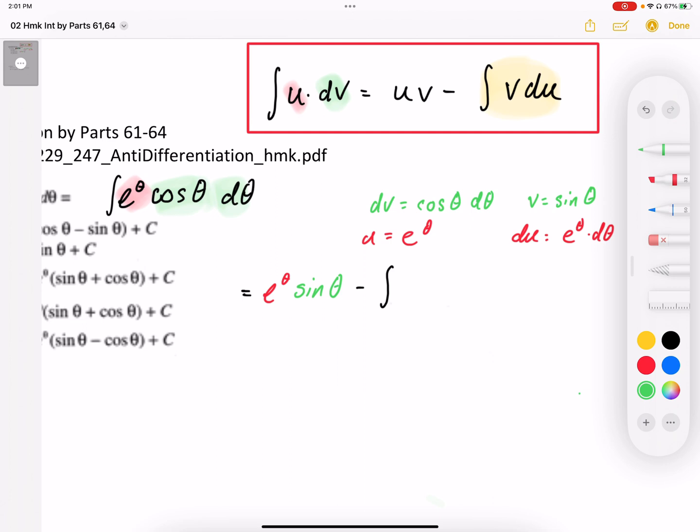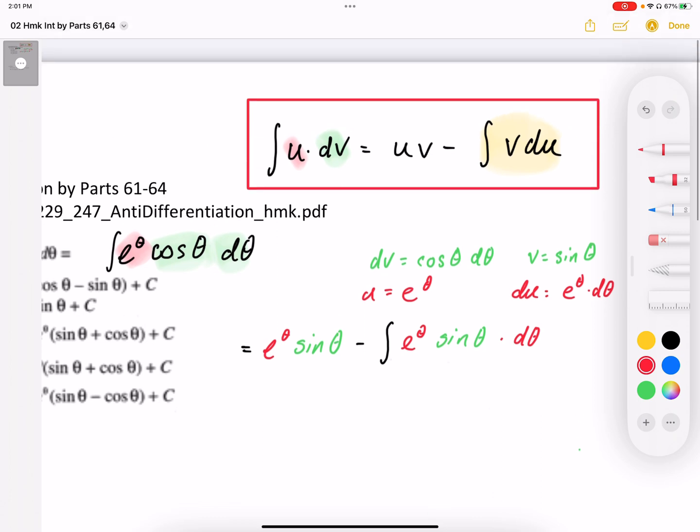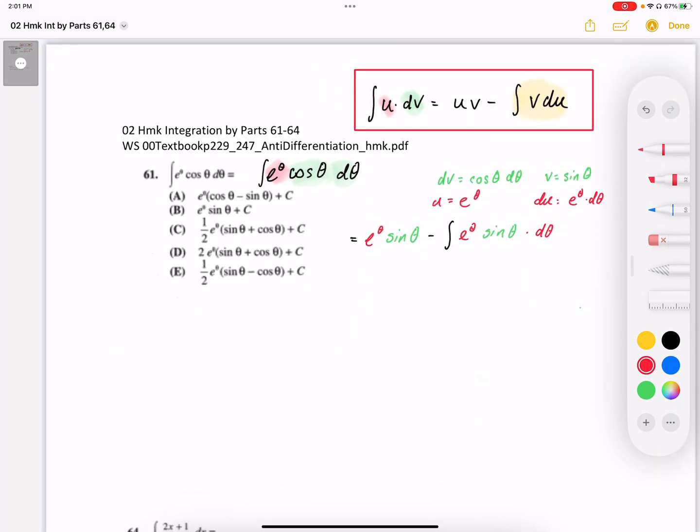In this case, I'm going to end up with e^θ sine θ. So v is my sine θ, and du is the e^θ part of that. Okay, so at this point, it looks like I'm still stuck.